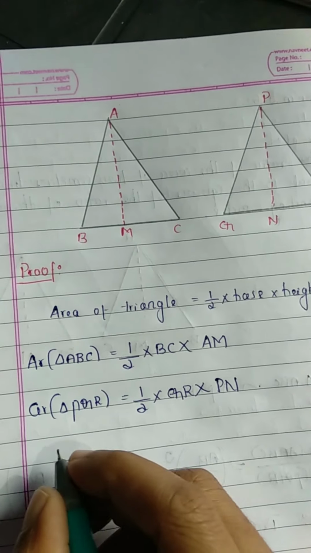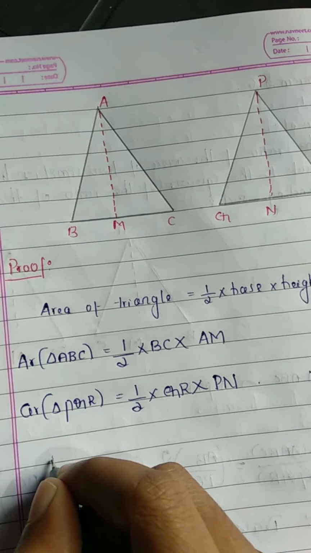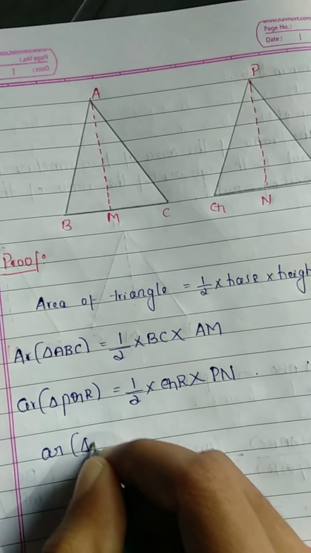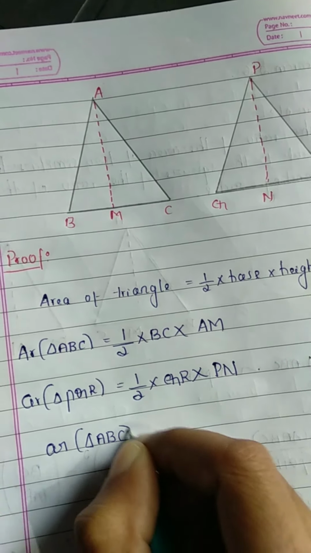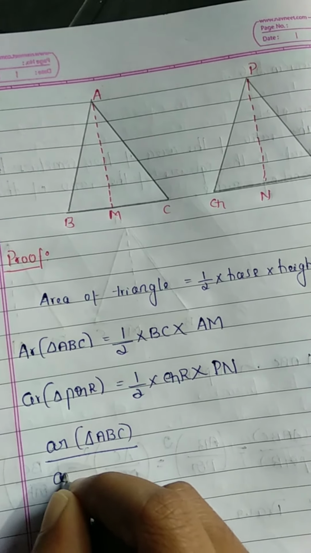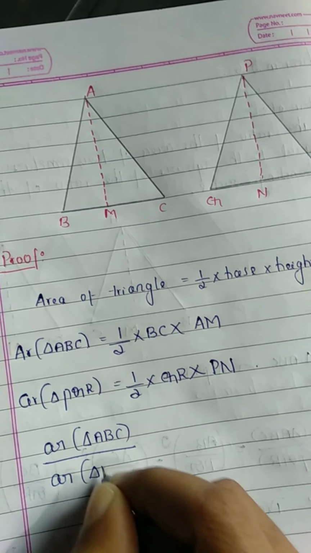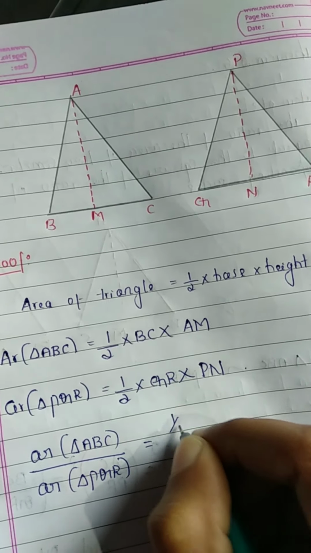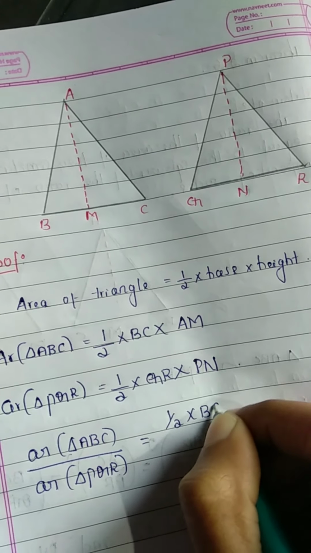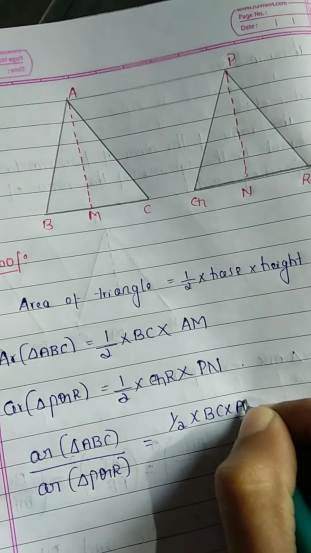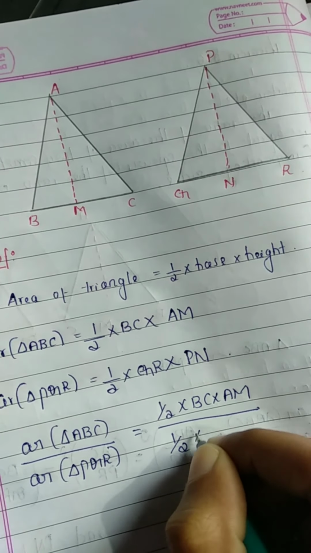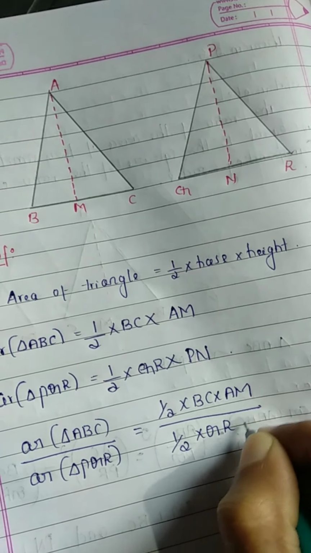After that, find the ratio: area of triangle ABC by area of triangle PQR equals half into BC into AM, divided by half into QR into PN.